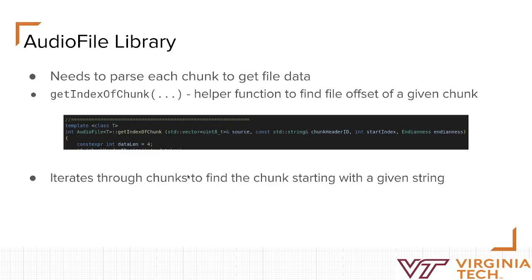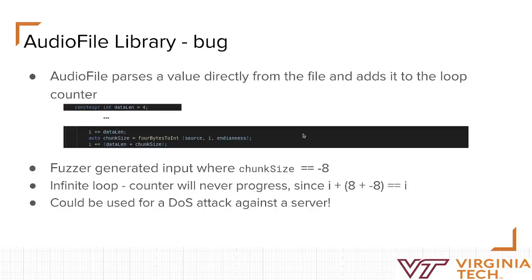And it does this by iterating through all of the chunks to find the chunk that has the ID that you give it. So the problem is that AudioFile will actually parse a value directly from the file and then add it to the loop counter here.